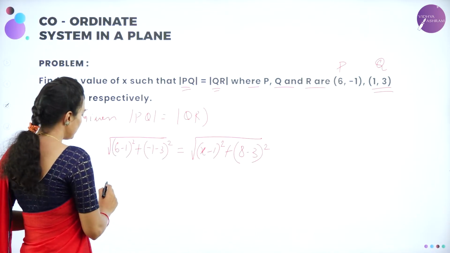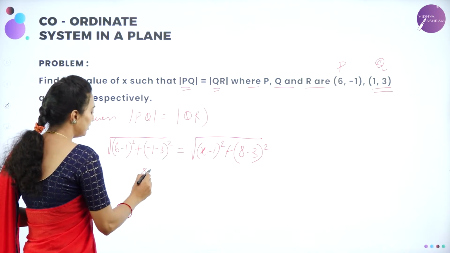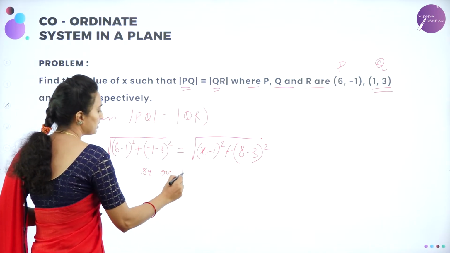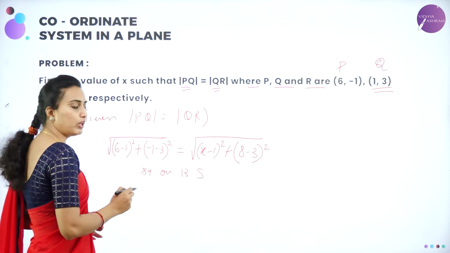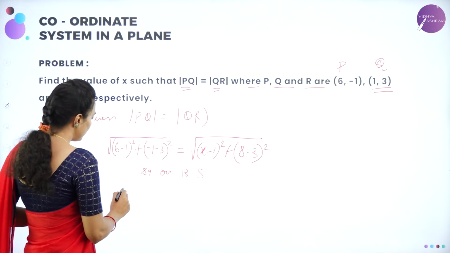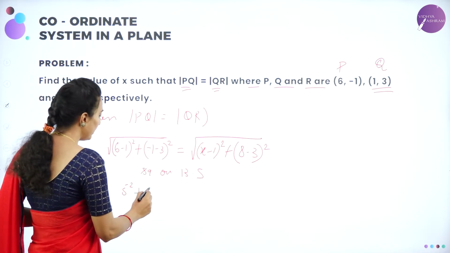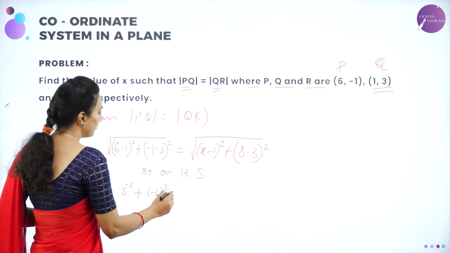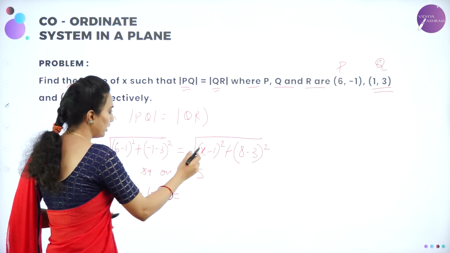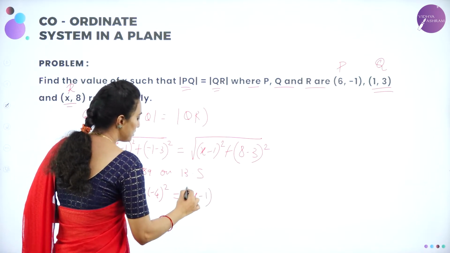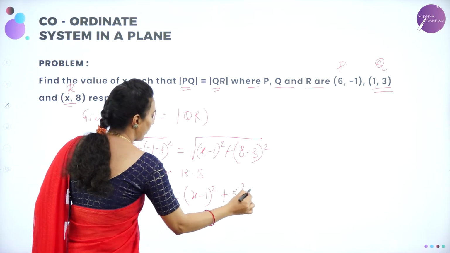So let me solve this one. Squaring on both the sides, the square root will get cancelled. 6 minus 1 whole squared is 5 squared. So 5 squared plus minus 1 minus 3 whole squared, which is minus 4 whole squared, is equal to, let me expand this one or write it as it is, x minus 1 whole squared as it is I am writing, plus 8 minus 3 whole squared, which is 5 squared, right?